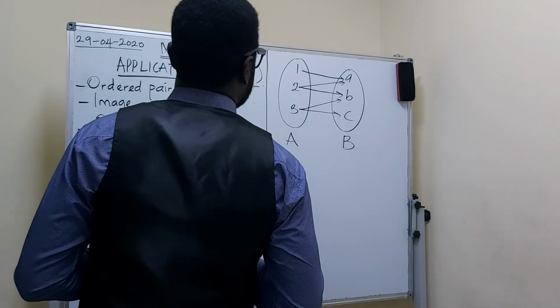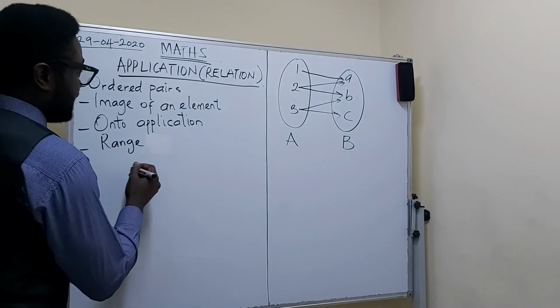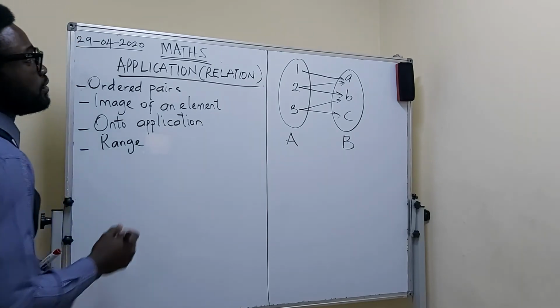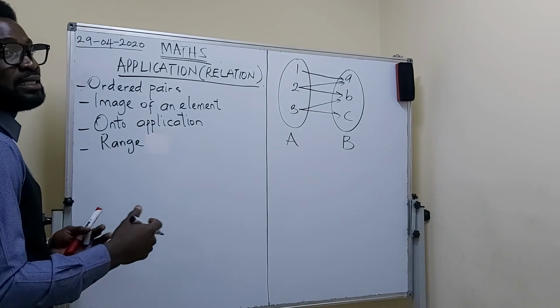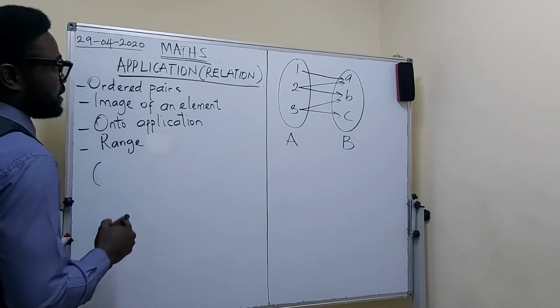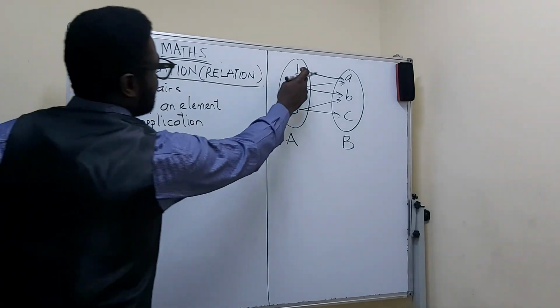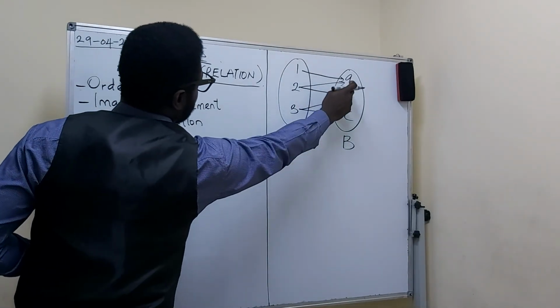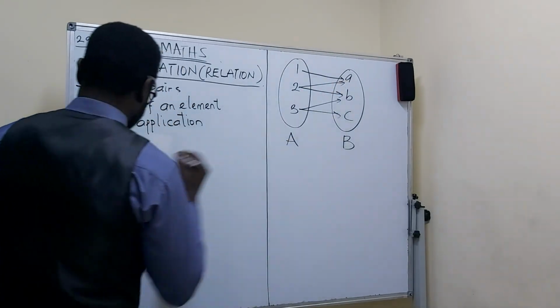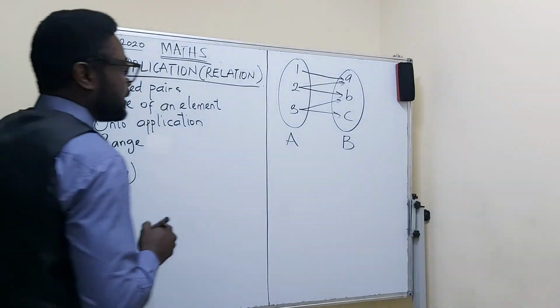Now, if you are asked to write the ordered pairs, what you need to do is to look out for numbers that are pointing at each other. For example, if I open a first bracket, that is how to write your ordered pairs. 1, you can see, is connecting. The arrow is pointing at A. So it means 1 and A. Can you see that?